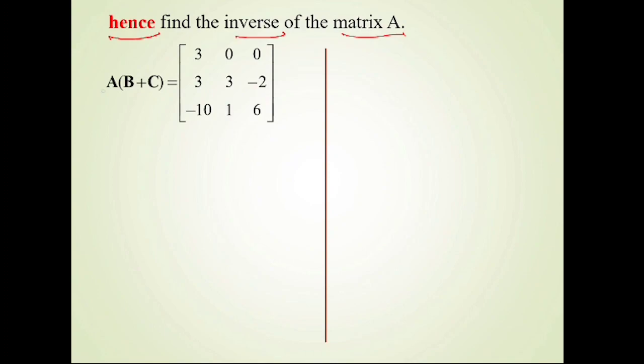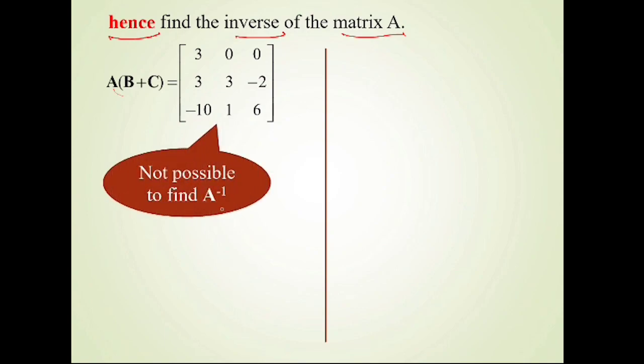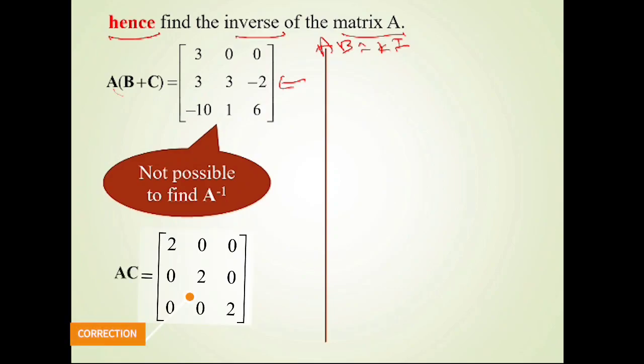Since we know that A multiplied with B plus C is equal to that, and this equation does not have the form of AB equal to KI, we cannot use this information to find the inverse matrix of A. What about the next answer that we have obtained, which is AC?